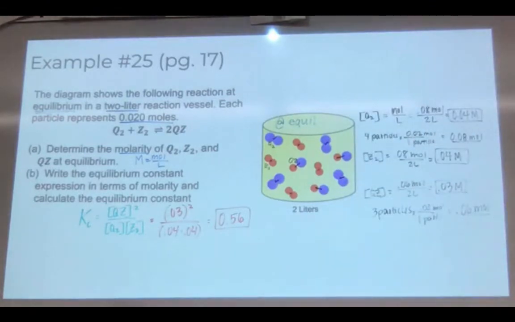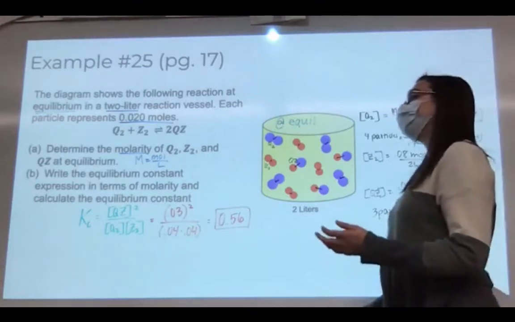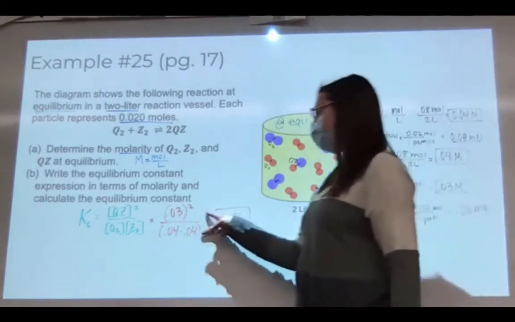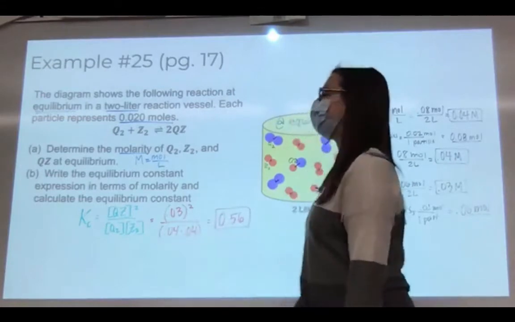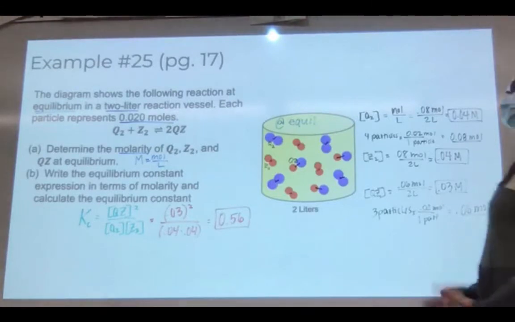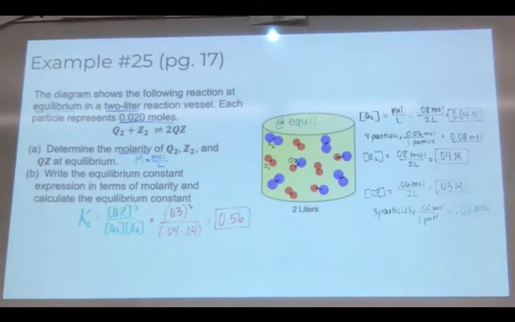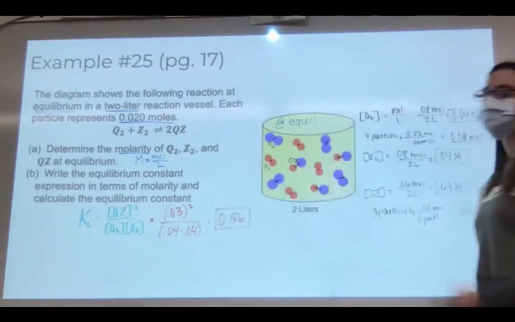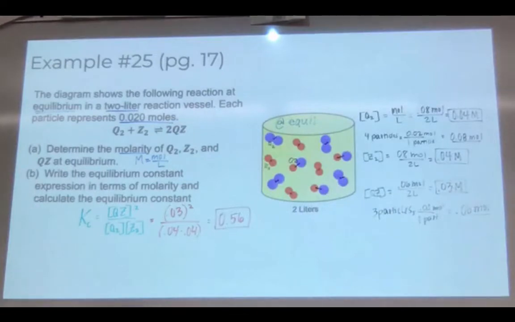Remember, your equilibrium constant tells you what you have more of at equilibrium. So since K is less than 1, that means that we have more reactants at equilibrium than products. So again, that's just another particle diagram question where we have to count the particles in the particle diagram and apply it to things that we've looked at before. Any questions on example 25?